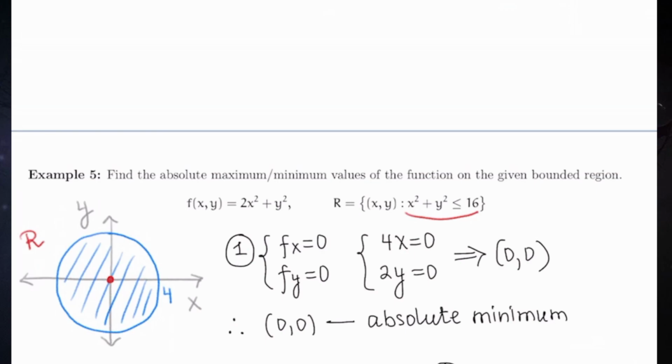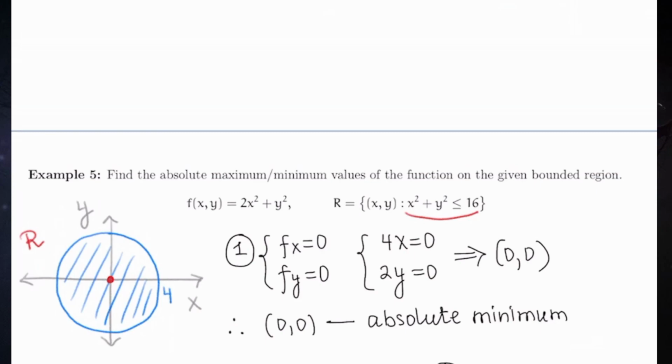If both x and y are 0, then we get 0, and that is the smallest value that this function can take. So just analytically we can state that's where the absolute minimum happens. We know how to do this part. Now, how do we proceed for the boundary portion of the solution?